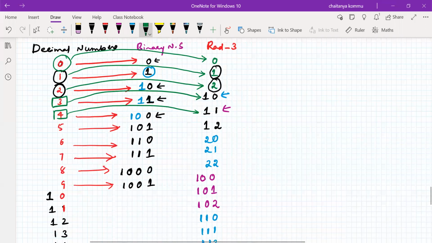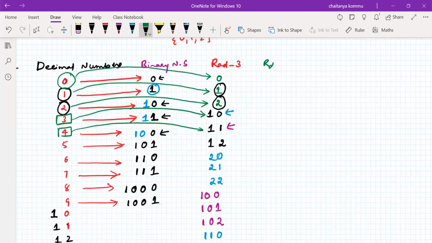So like this, we can go for radix 4 also, or radix 5, or radix 8, any number system.